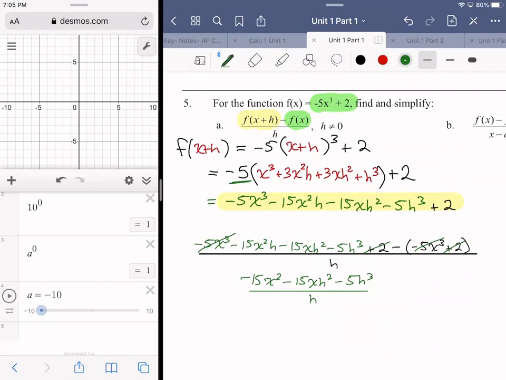Then we have that common factor. Oh, I missed an h along the way. Apologies. All right, so it's just a matter of canceling the h's and we have it.